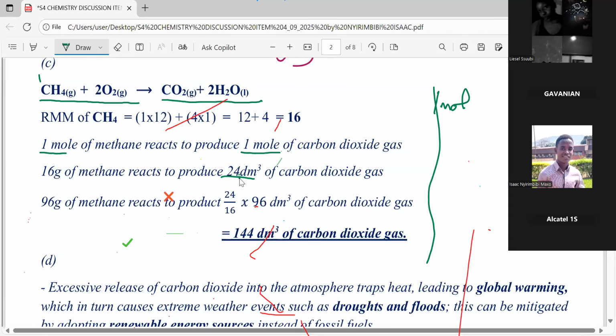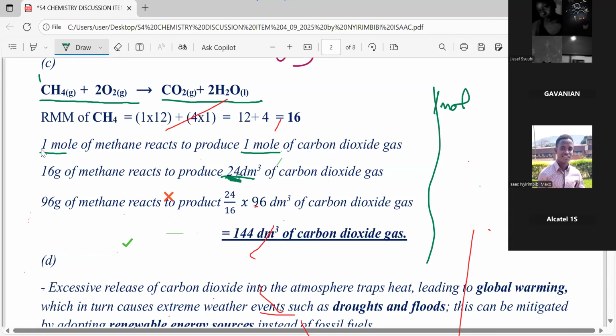Are you getting that? But now what we want is the volume. That's why we're considering the volume. We are going to see the case where it is mass, but because it is volume, here we consider it, because 1 mole of any gas occupies the same volume at the standard temperature and pressure.